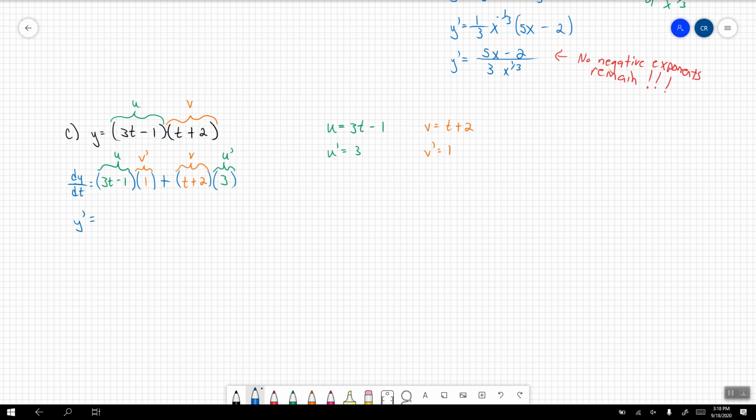So y prime is going to be 3t minus 1 plus 3t plus 6, which means that y prime turns out to be 6t plus 5.